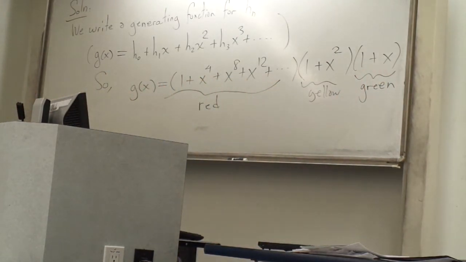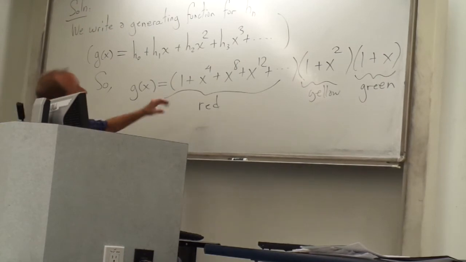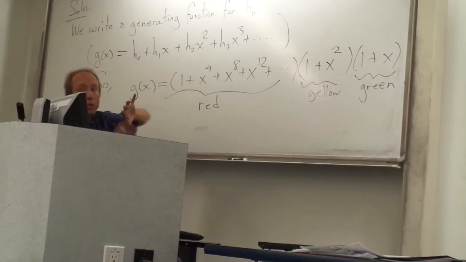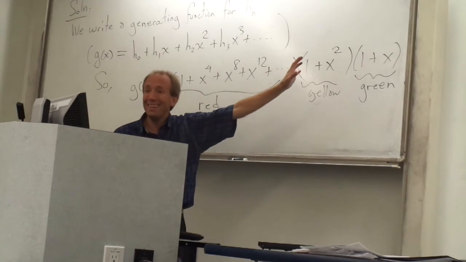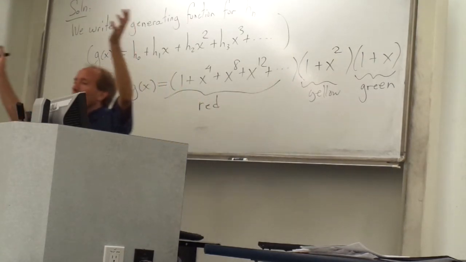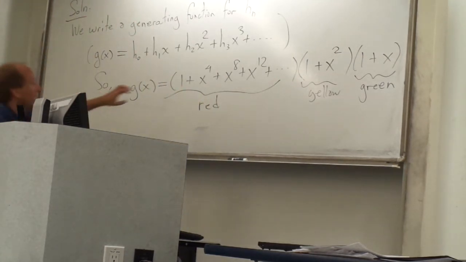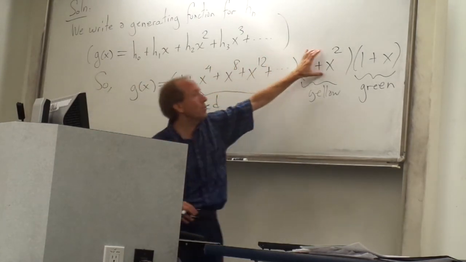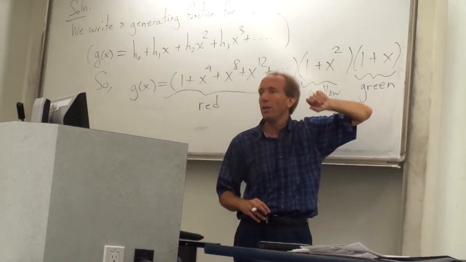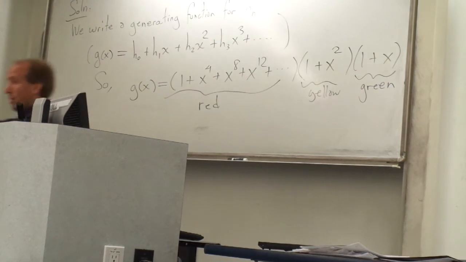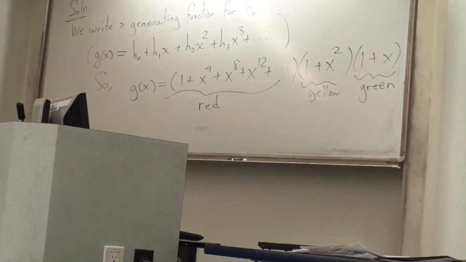So basically, when you FOIL this out, it's like picking one of these terms, one of these terms, and one of these terms. Which really means you're picking how many red flags, how many yellow flags, and how many green flags. Those are the exponents. The exponents tell you how many of each type of flag you are choosing.